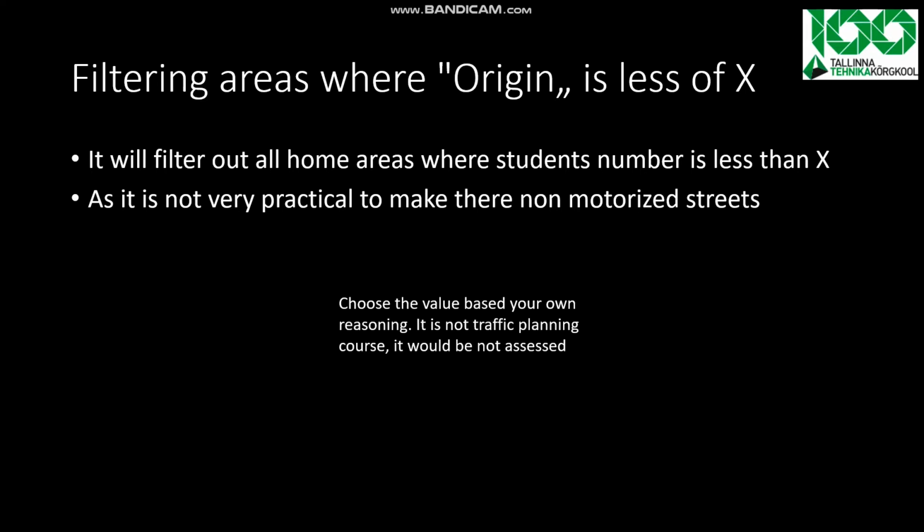So it's not very practical to make a non-motorized traffic street where only about 10 students or 15 students come from that area. So we have to set a value under which we don't want to see any point on the map.